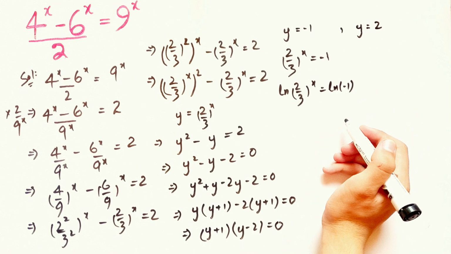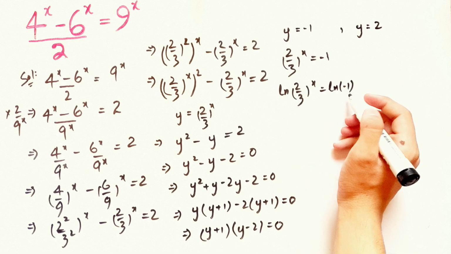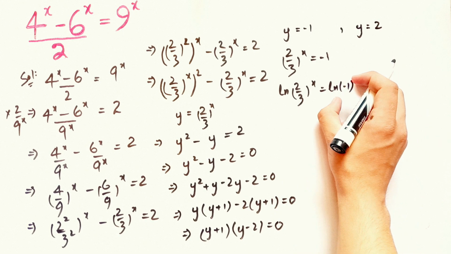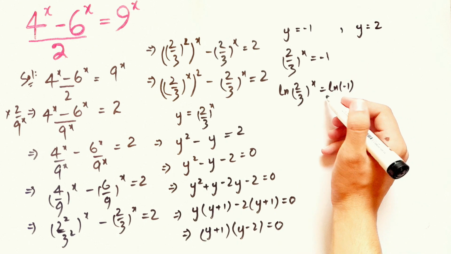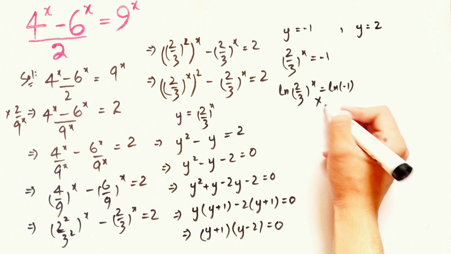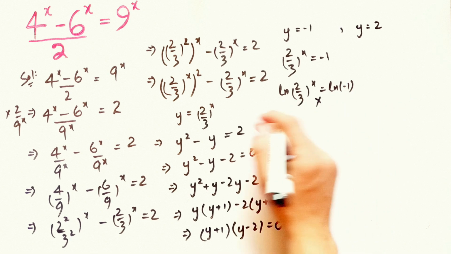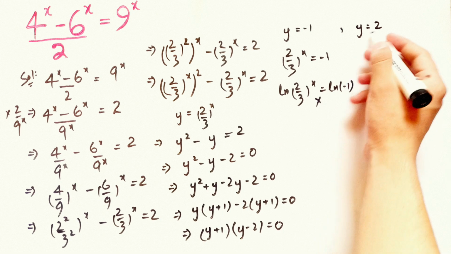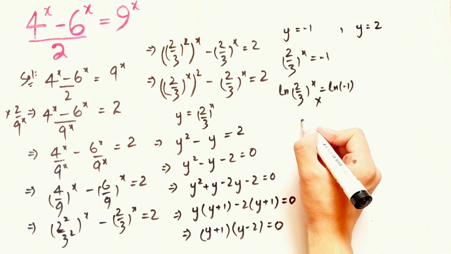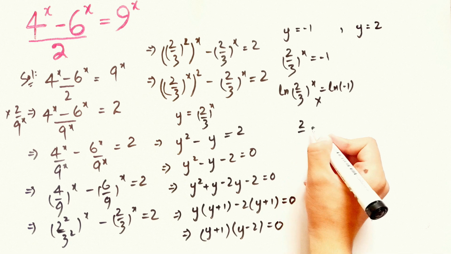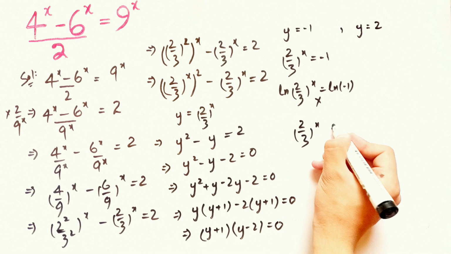Now the natural log or any logarithm of a negative number is not possible, so we cannot have this one as the solution for this equation, and we are left with only one solution, that is y = 2, or we can say (2/3)^x = 2.